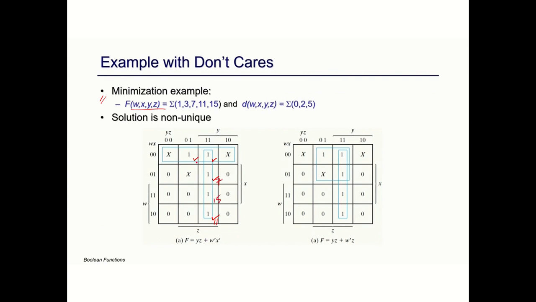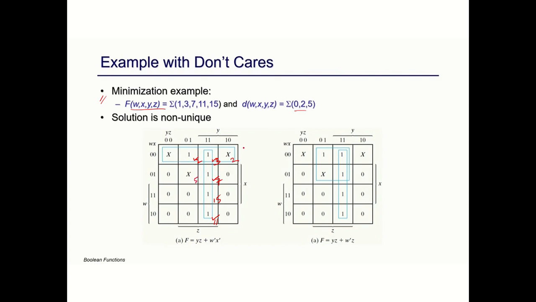And what are the positions of the don't cares? It is 0 to 5. So this is the 0th position, then we have the second position, and this is the 5th position.